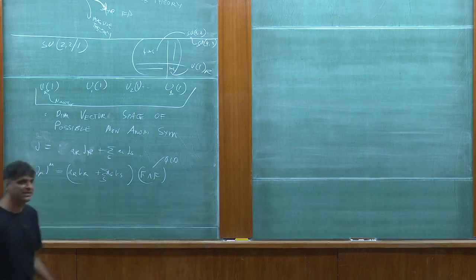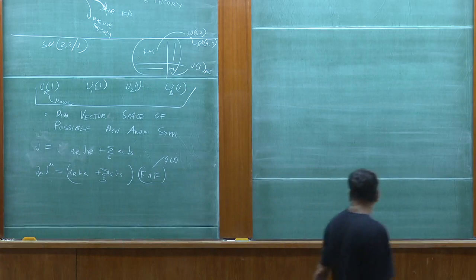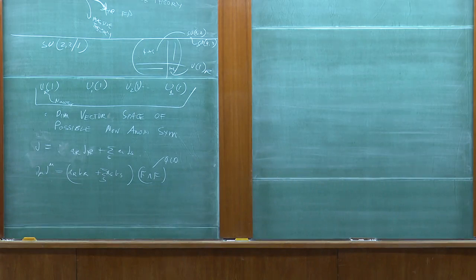We'll get an equation like this, where the A's are the things we want to fix and the B's are some given numbers. For instance, if there was only one adjoint field, it would be 2n, and the fundamental was 1, those numbers.